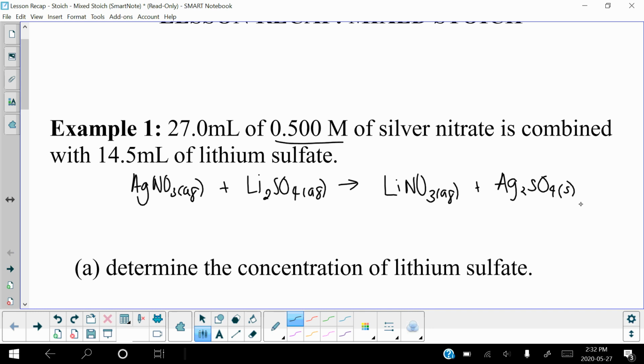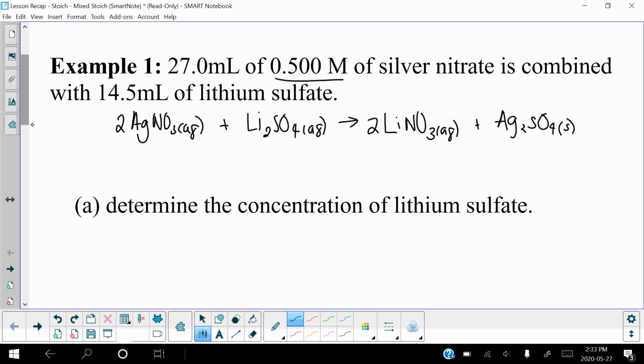Remember that you do need to balance, so we're going to have 2 and 2. Lovely.